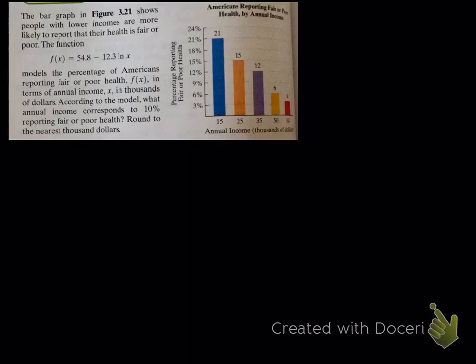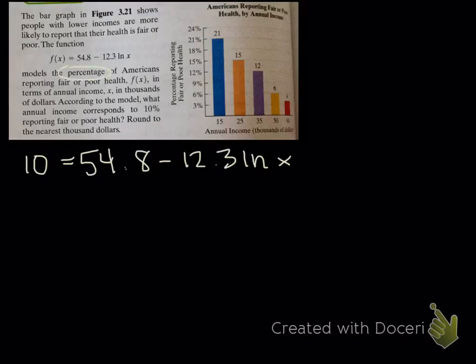So they gave us the 10%, and f of x is measured in terms of percent. So we're going to plug 10 in for f of x equals 54.8 minus 12.3 ln x. And again, we keep it as a number and not a decimal because it says percentage right here.